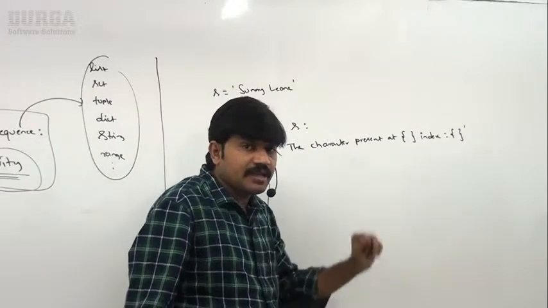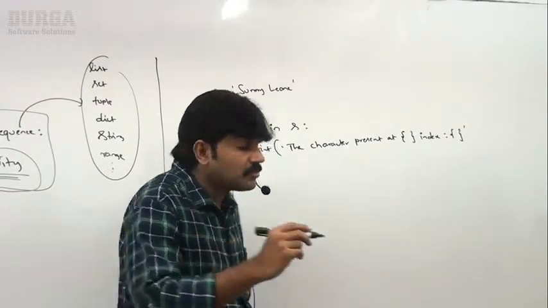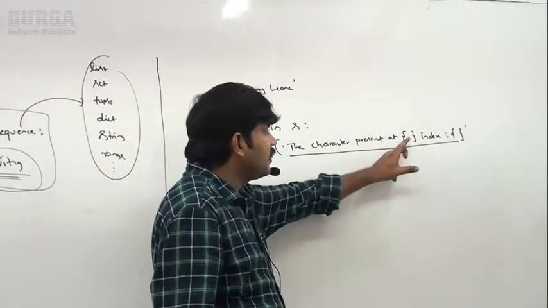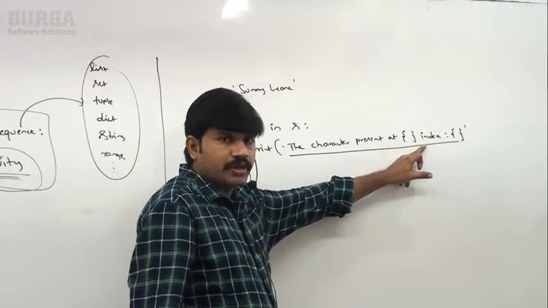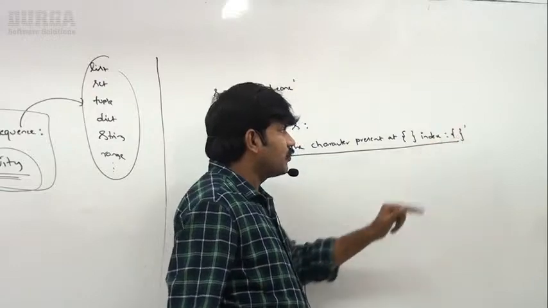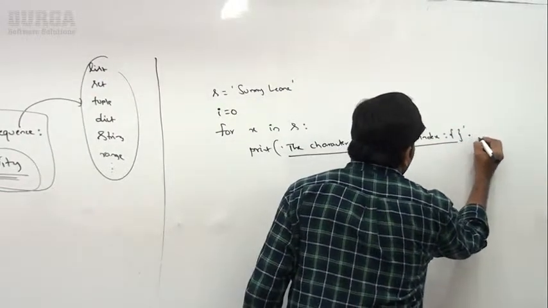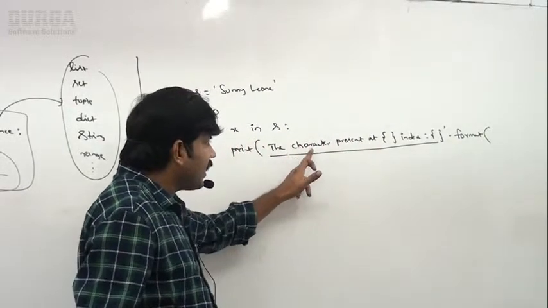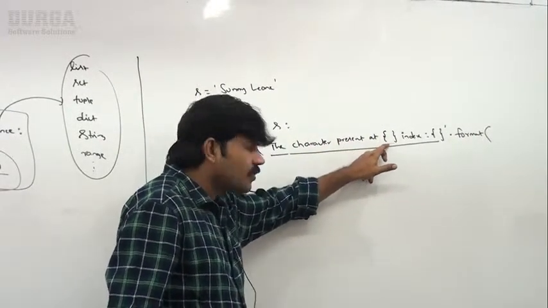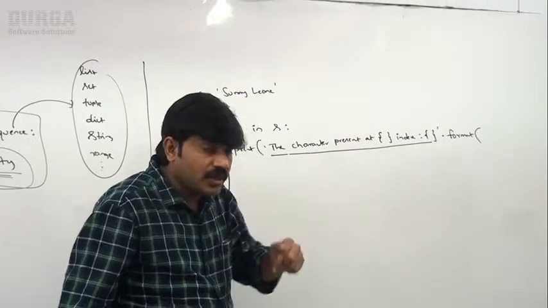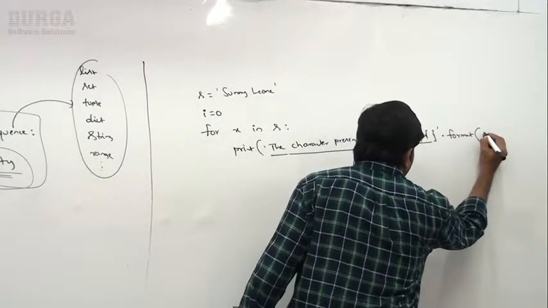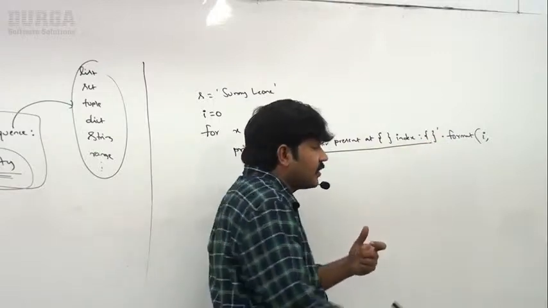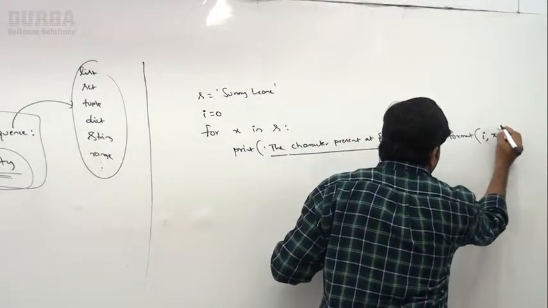Curly brace and curly brace, it is the replacement operator, right? The character present at index number i, and next the character. Dot format: the first curly brace I have to replace with the index value i, and the second I have to replace with the character. That's why I'm taking x.